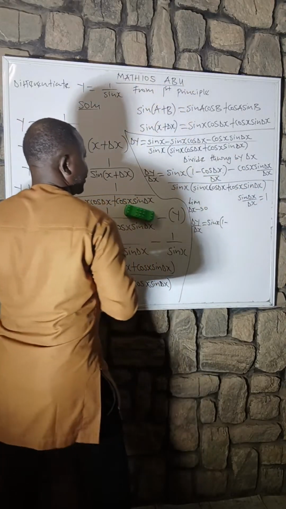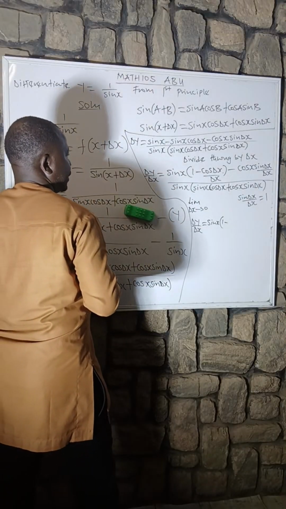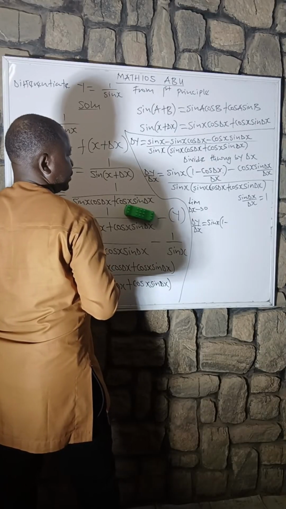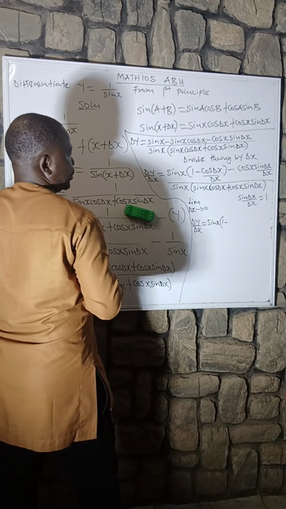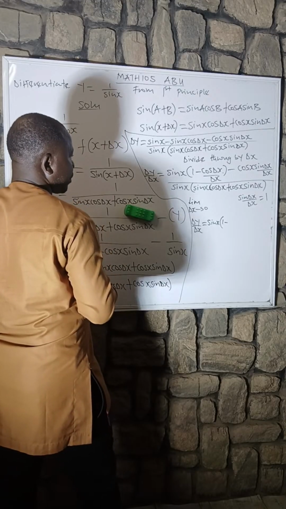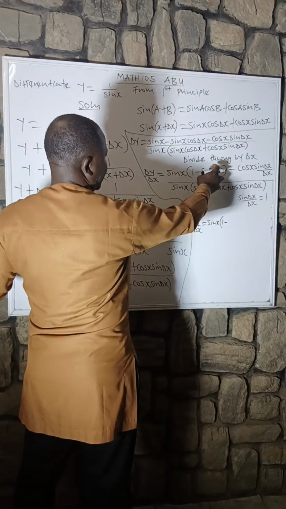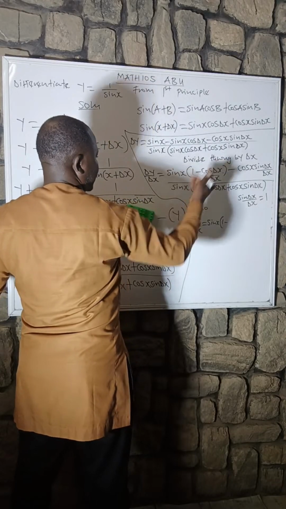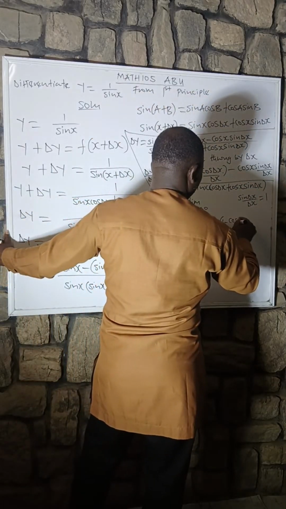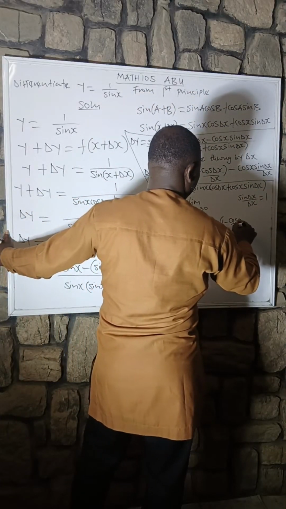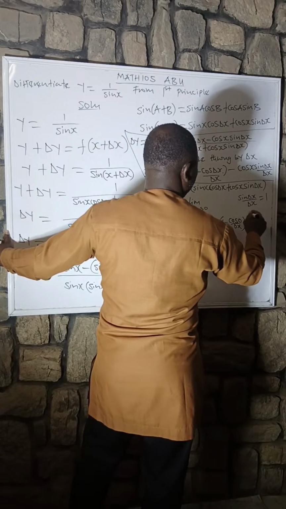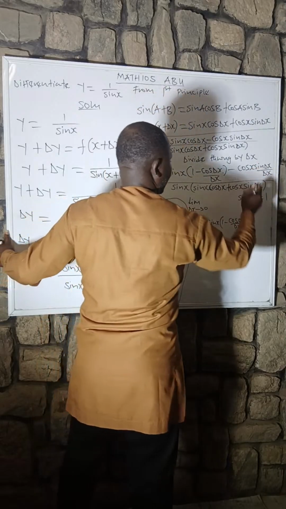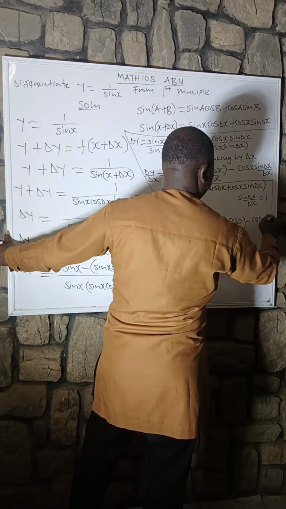Cos 0, right? Do you agree with me? Then cos 0 is what? 1. So 1 minus 1 is 0, over dx. Then here I've told you that sine dx over dx is 1 times cos x minus cos x.